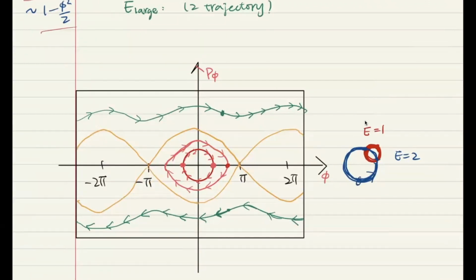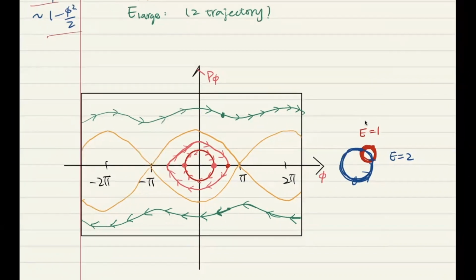But then at the intersection point, this particle or this state will feel the energy of 2 and the energy of 1 together. And that is very weird because if this particle now jumps to another loop, because it is continuous, right, then essentially this particle is losing energy at this point. And that's not allowed in our Hamiltonian because its energy should be conserved.